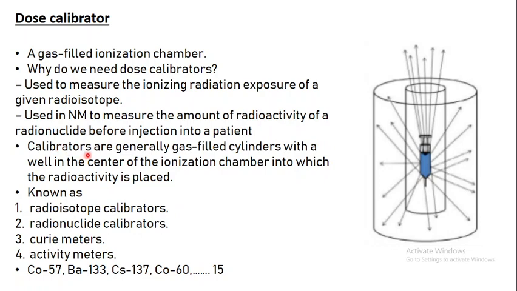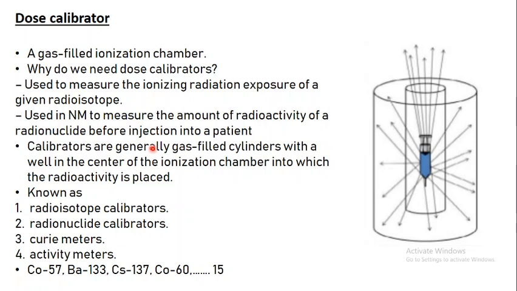Calibrators are generally gas filled cylinders with a well in the center of the ionizing chamber into which the radioactivity is placed. Dear students, keep in mind from our previous lectures that a gas filled tube is equipped with two electrodes, a cathode and an anode. The anode is a central wire, and the cathode is the wall of the tube.